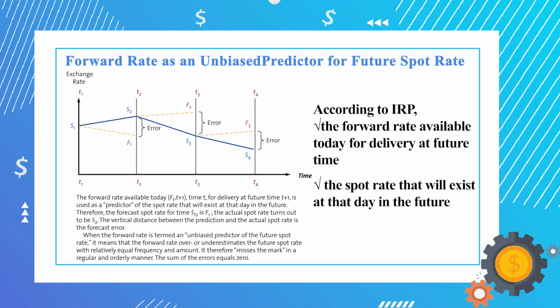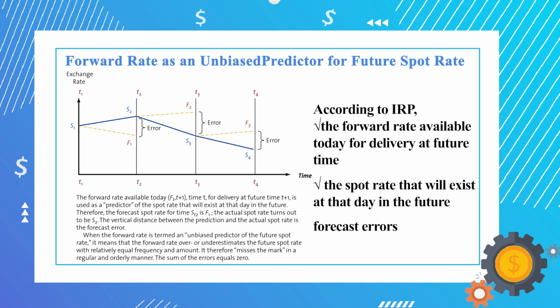The two rates should be the same, but from the graph, we can see they are not the same. The gaps are called forecast errors, and the errors are sometimes positive and sometimes negative. The sum of the errors is 0.